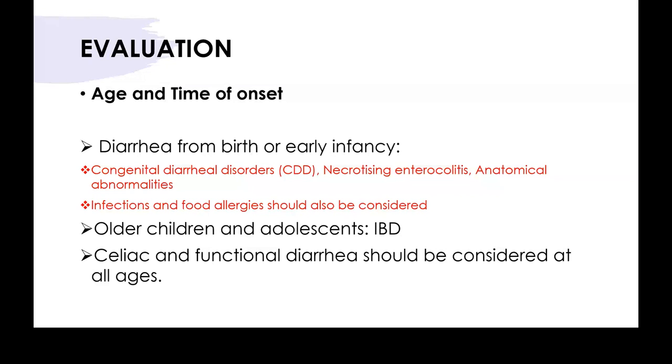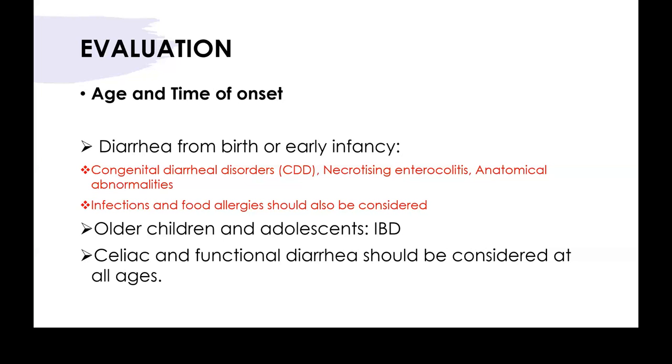Based on the age and the time of onset, if the diarrhea is from birth or early infancy, as I mentioned earlier, congenital diarrheal disorders are one of the commonest groups which can present at this age. So you have to think about that. In addition, necrotizing enterocolitis or any other structural or anatomical abnormalities of the gut also can present very, very early in infancy.